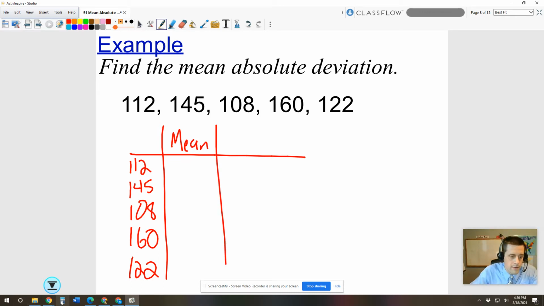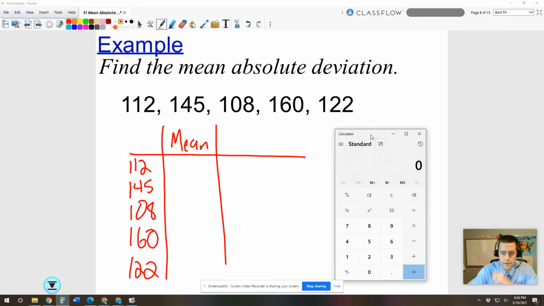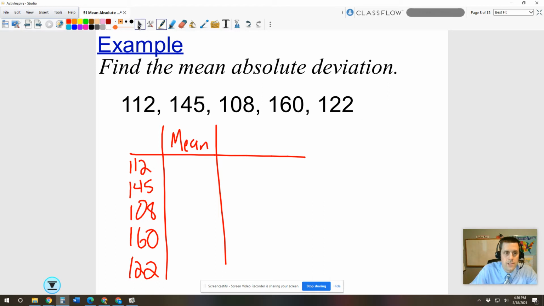Now we're going to calculate the mean of those numbers. So grab your calculator. We're going to first sum the values. So we have 112 plus 145 plus 108 plus 160 plus 122. And we get a sum of 647. We need to divide that by how many elements were in the set.